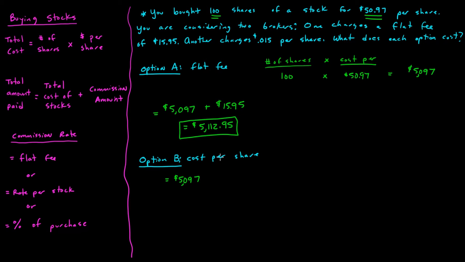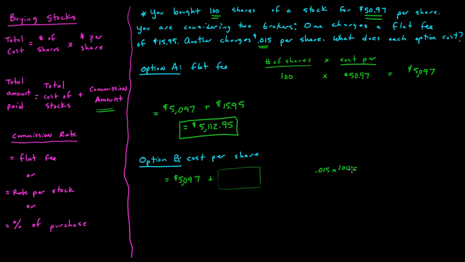In option B, I have to pay the $5,097 still for the stock, but now I have to figure out how much I have to pay for the commission, right? That's the other part of this formula. So here it's a cost per share, and it says that it's 1.5 cents per share. So I'm going to go ahead and go 0.015 times the number of shares, which is 100.